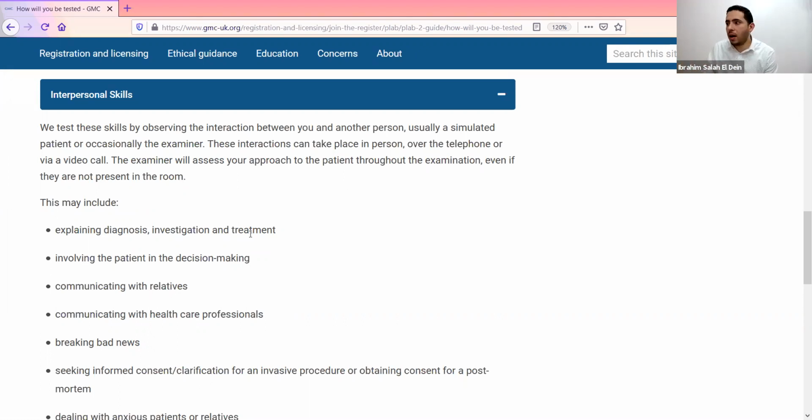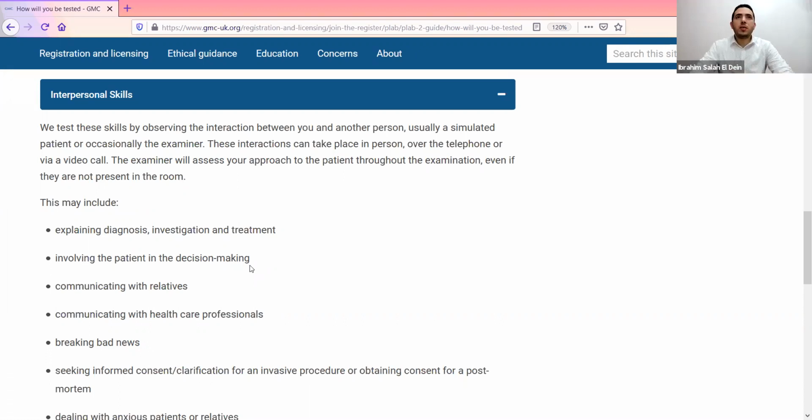And how you deliver this diagnosis to the patient, because in some stations it is a breaking bad news diagnosis. You will tell the patient it maybe could be a cancer, could be something sinister. So how you deliver this information, involving the patient in decision making.